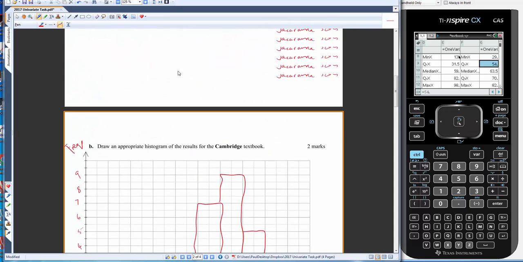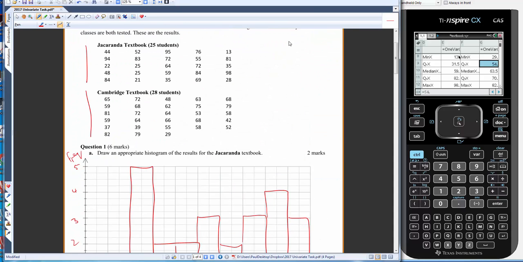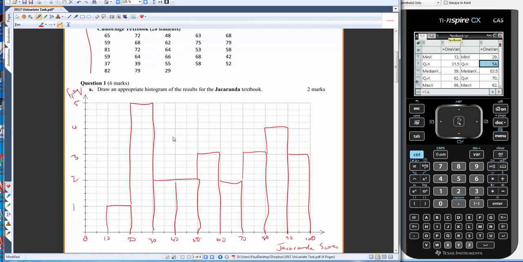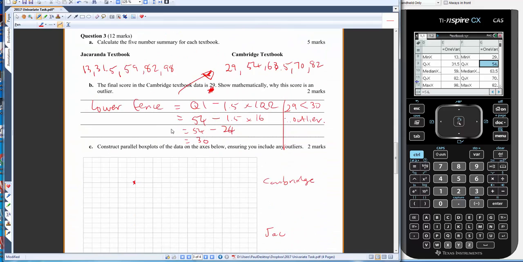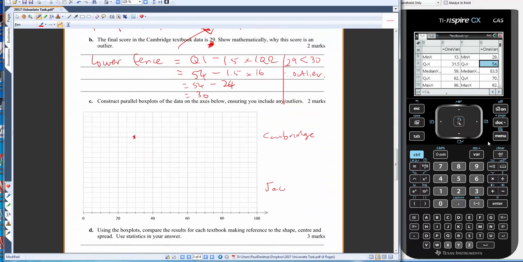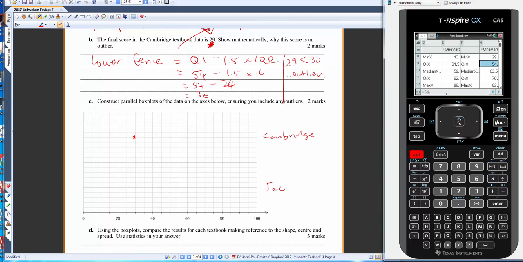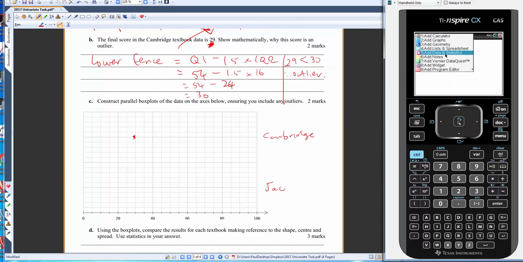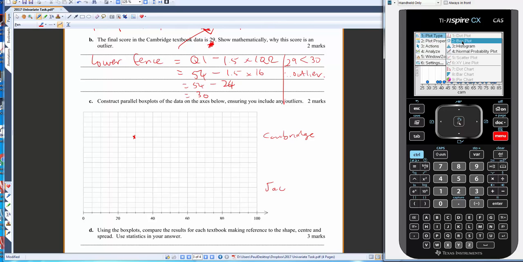So let's just go back to the data, or you could get the calculator to do the box plot. In fact, why don't we do that? So let's go back to here, and I'm going to do a new data and statistics page, and we'll go to the Cambridge data, and I'm going to change the plot type to a box plot.